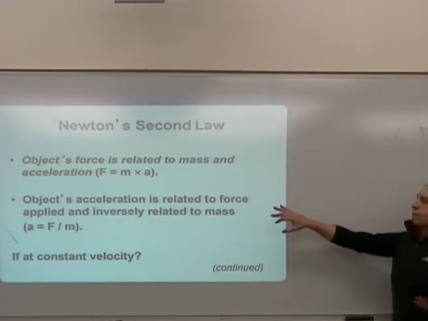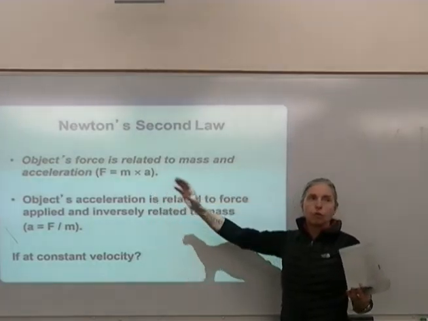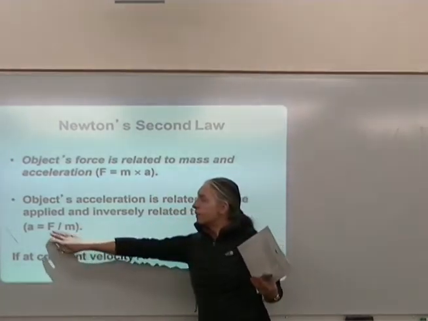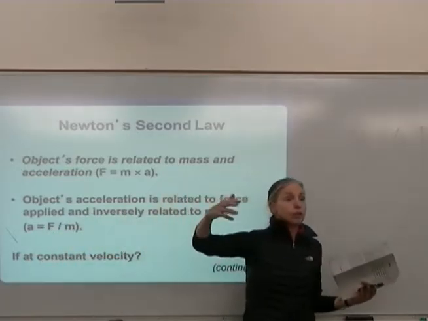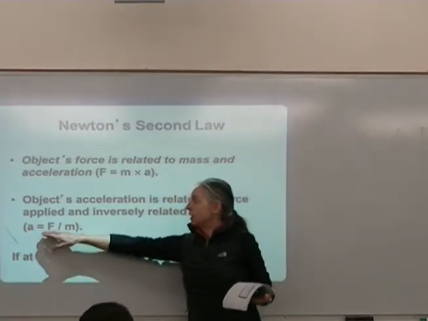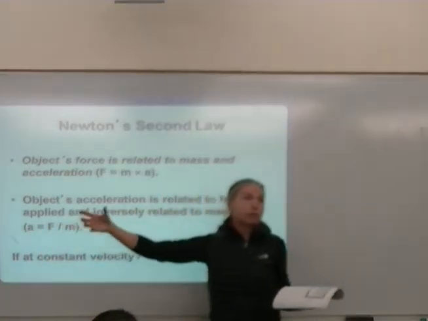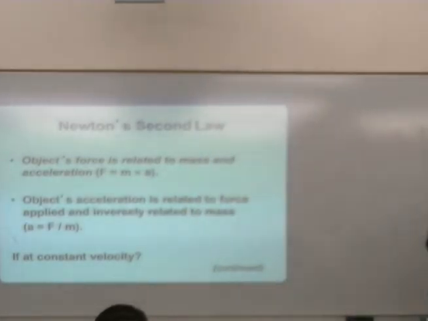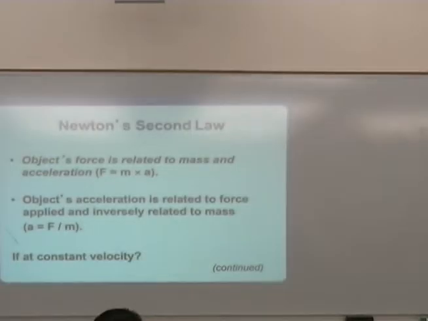I can flip that equation around very simply and say that therefore the acceleration of an object is equal to the force on the object divided by its mass, a = F/m. So what if it's at constant velocity?